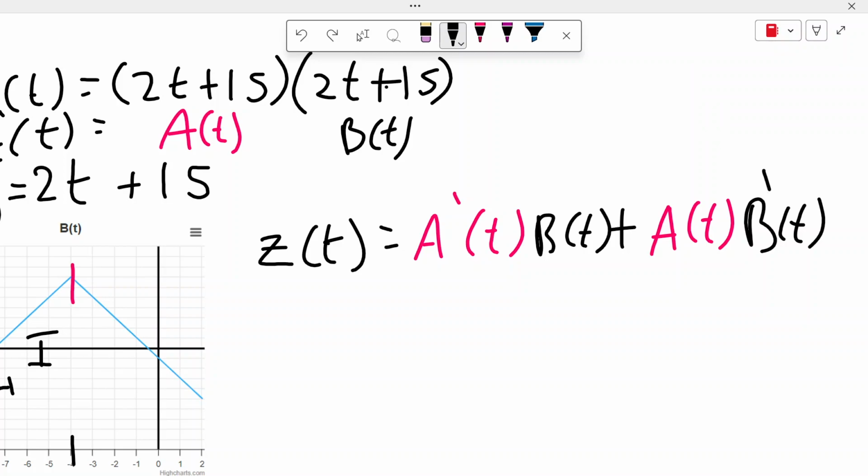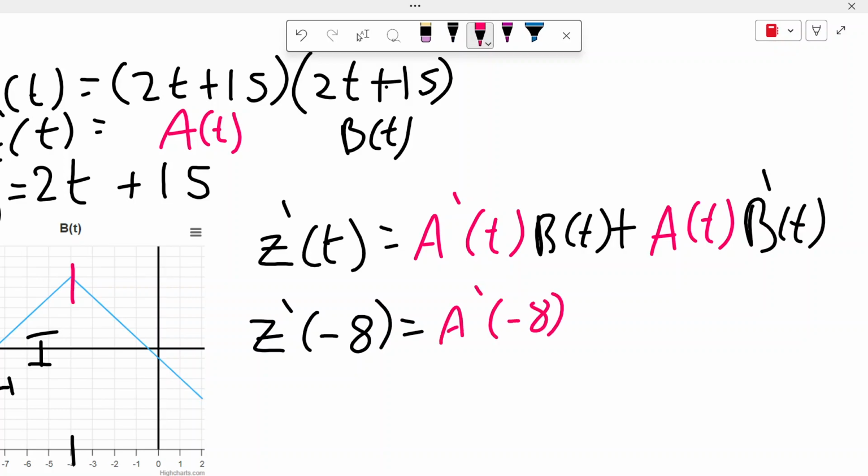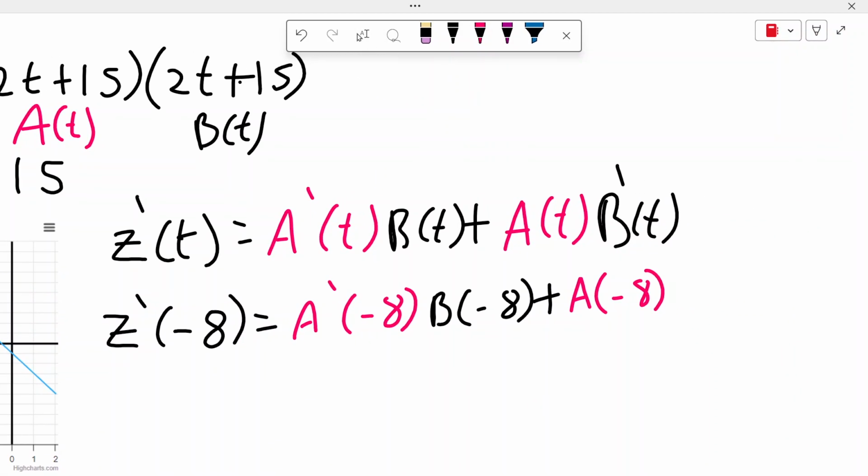Okay, so now that we've got that, we can expand it because we can say that this is at point -8, if you look at the question, and we can write that out over and over again. And so now we have 4 variables that we are trying to solve.